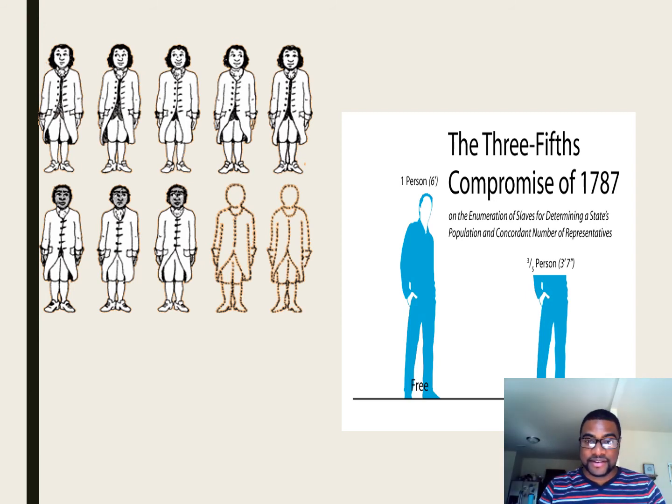So you have 5 white people or free people, and you have 3 slaves. Even though there were 5 slaves, they counted as 3. So it's kind of complicated, but if you're a math whiz, it's not too bad.